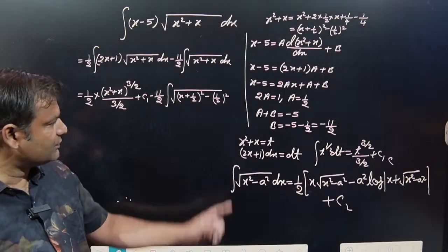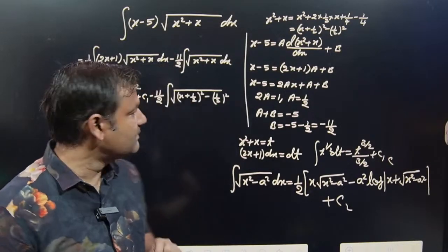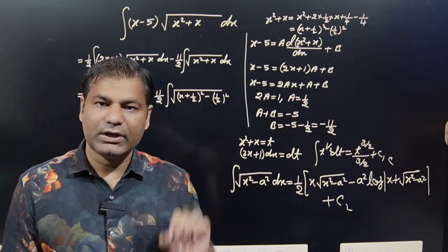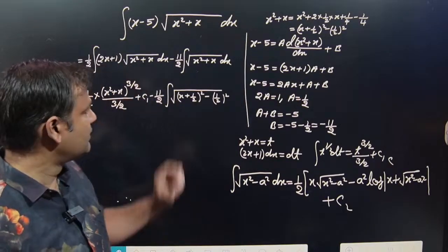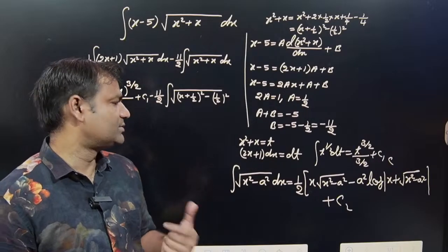Okay, so x is basically x plus half, and a is basically 1 by 2. So now in these two values, x is replaced by x plus 1 by 2 and a is replaced by 1 by 2.